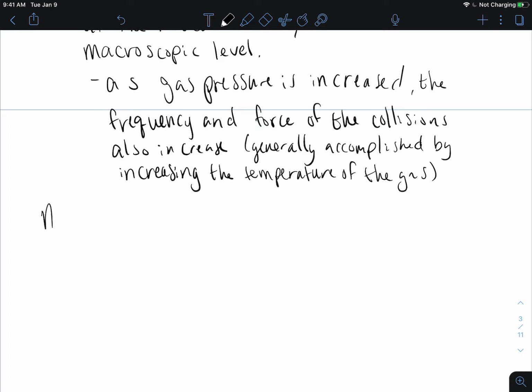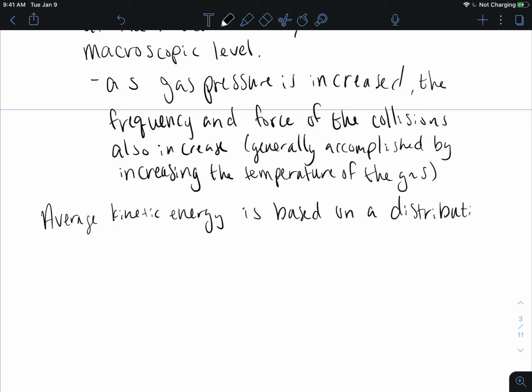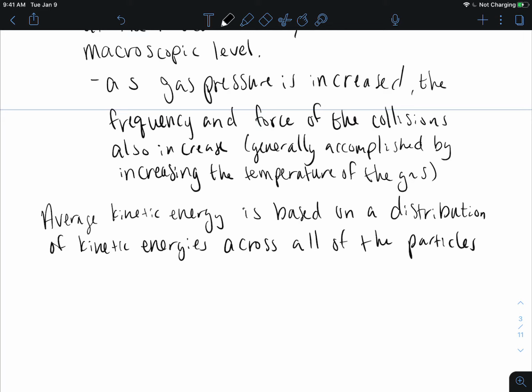So our average kinetic energy is based on a distribution of kinetic energies across all of the molecules of gas, or of the particles of gas in a sample.